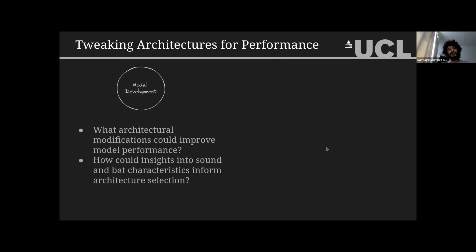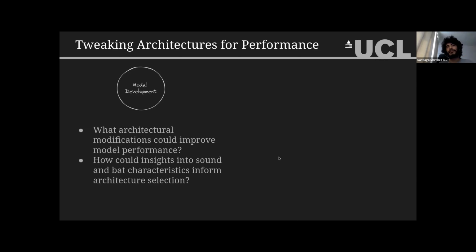Then another question about model performance in particular is, we've just mentioned that one of the basic ways of building these classifiers and detectors is taking out-of-the-box convolutional neural networks and training a classifier. But is that the right architecture to use for sound, and in particular for bats?